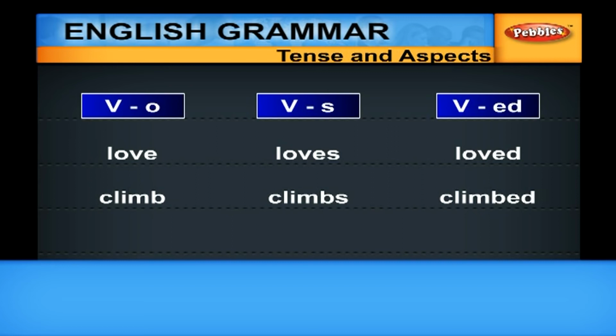These three verbs VO, VS, VED are tensed verbs. They indicate the tense. They are called finite verbs. They need not have any helping verb. They are independent. VO, VS, VED are independent lexical or main verbs.